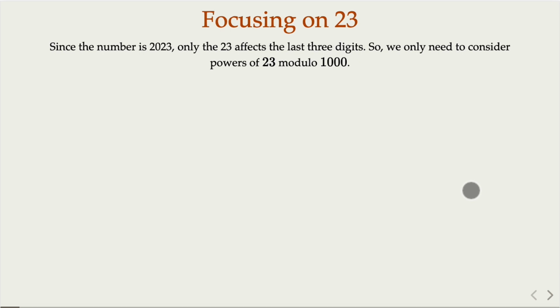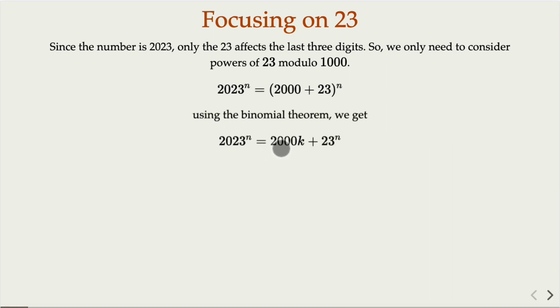If you raise it to an integer power, we use the binomial theorem, (a plus b) to a power. A bunch of terms have 2000 as a multiple, and the final term of the binomial theorem will give you 23 to the nth power. Every other term here has a factor of 2000. So for the last 3 digits, what matters is only this part.